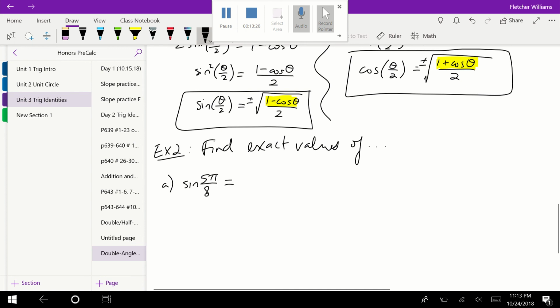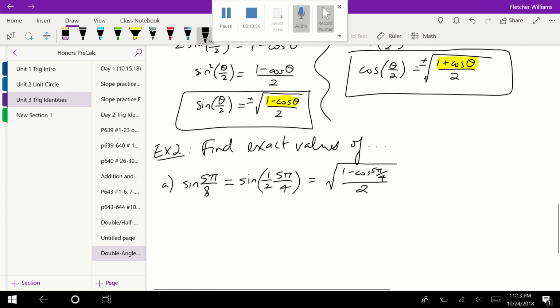Well, you can actually say that that's a half angle. So that's sine of 1/2 of 5 pi over 4. And that lets us use our identity. So it's going to be the square root of 1 minus cosine 5 pi over 4 over 2.